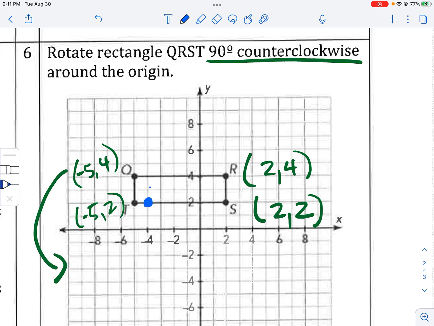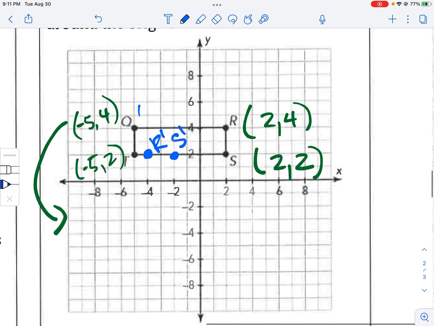Okay, so that means this is going to be R prime. 2, 2, so S prime. Okay, so this is now -4, 2. This is now -2, 2. So -5, 4 switches to -4, -5.